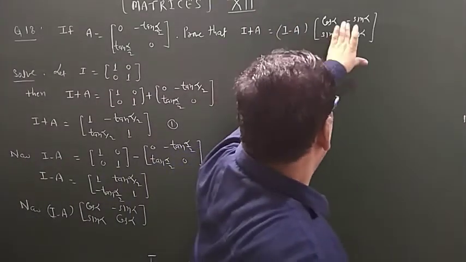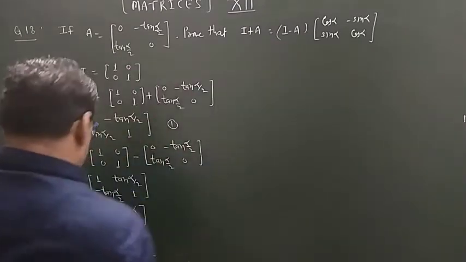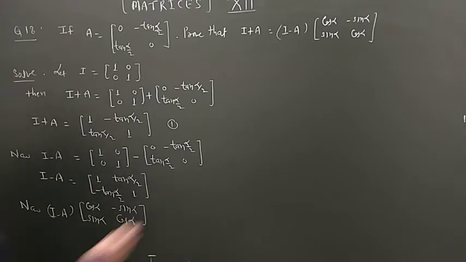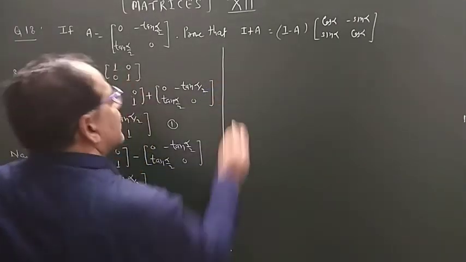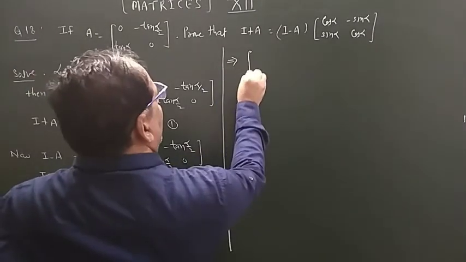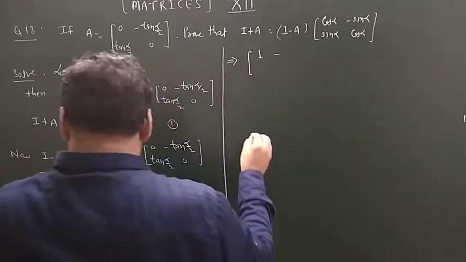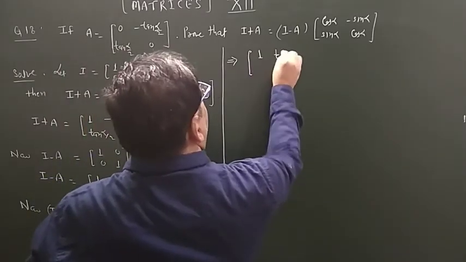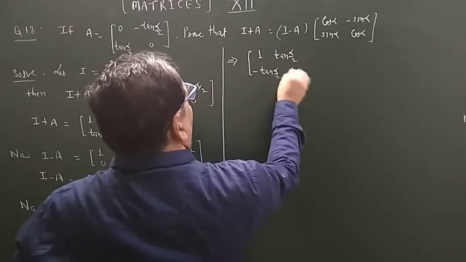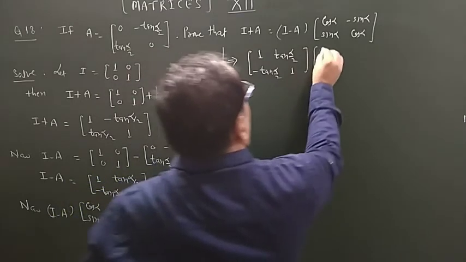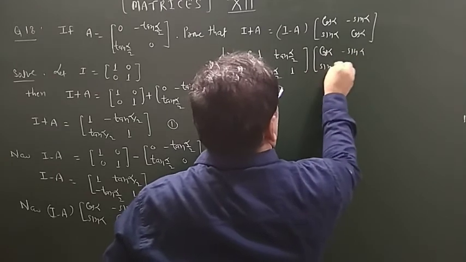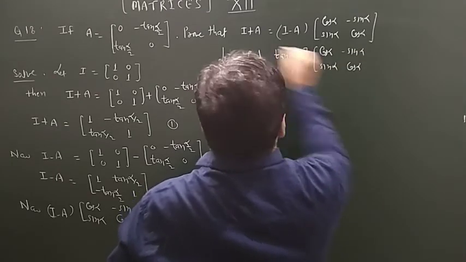This implies that the value of I minus A is 1 tan alpha by 2, minus tan alpha by 2 1, which is multiplied with cos alpha minus sin alpha, sin alpha cos alpha.